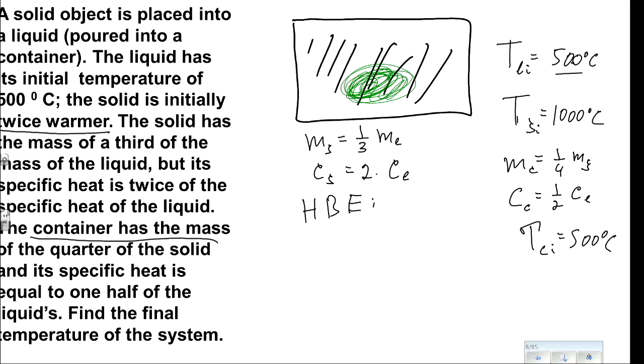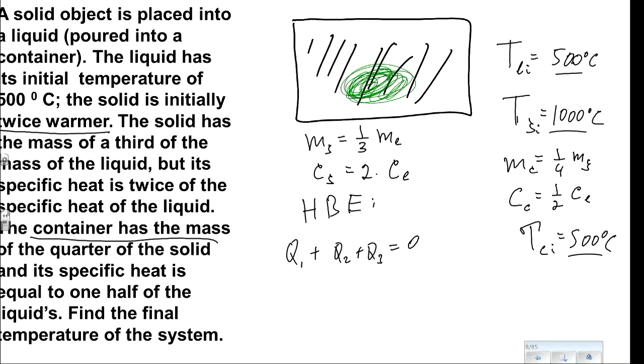So the liquid should warm up, the container should warm up, and that solid object added to it should cool down. So we should have 3 Qs. No phase transition is assumed. Otherwise, the problem wouldn't be possible to solve because we don't have information about latent heat or anything else. So what do we do now?